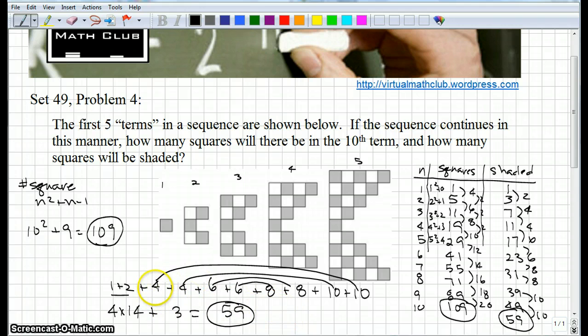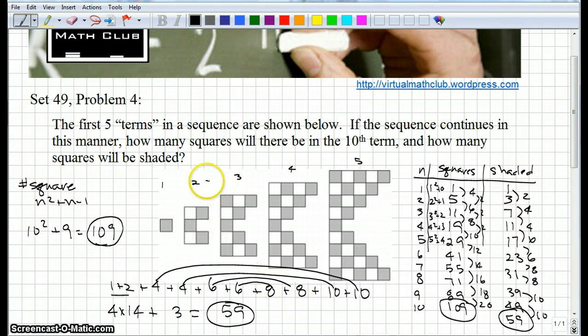So I see there's 10, 10, so that's 20, 30, 40, and then that's 16, so that's 56, and then another 3. So any way you want to do it, you can add it up. Most of the time when you're adding things like that, it's good to look for nice pairs of numbers to make your addition easier.